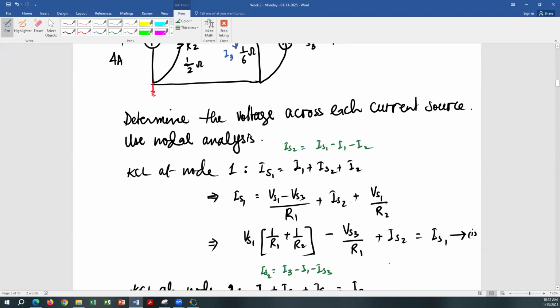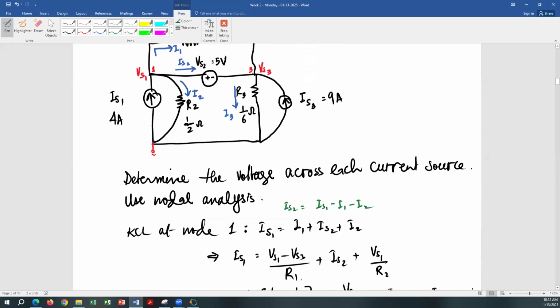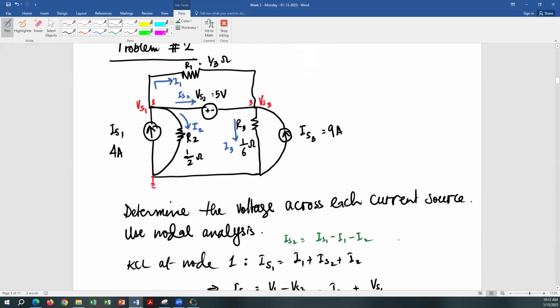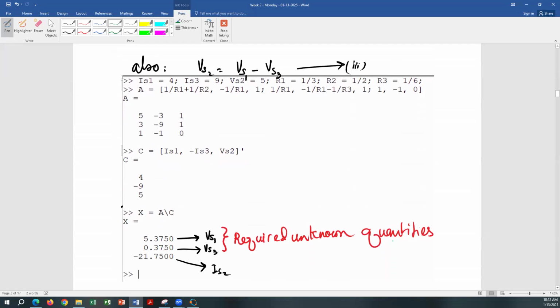So if I write down all the currents going towards node 1 and node 3, Is1 is going towards, plus I1 is going towards, and Is3 is going towards. And all the currents going away, I1 is going away, I2 is going away, and I3 is going away from node 3. So let me write this down so you don't forget.